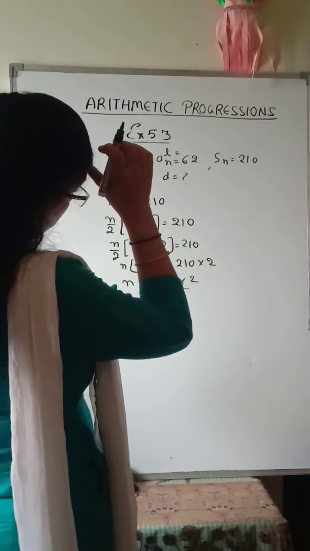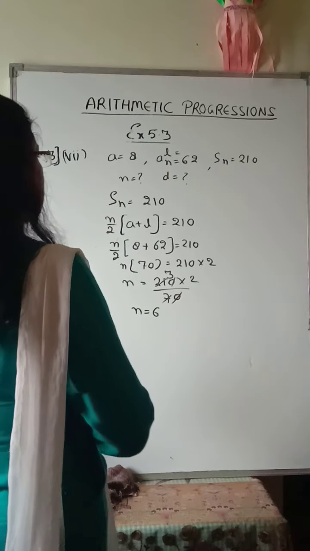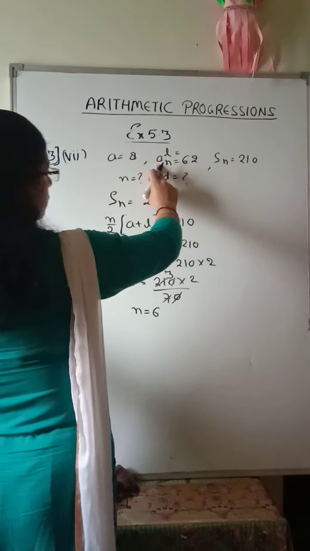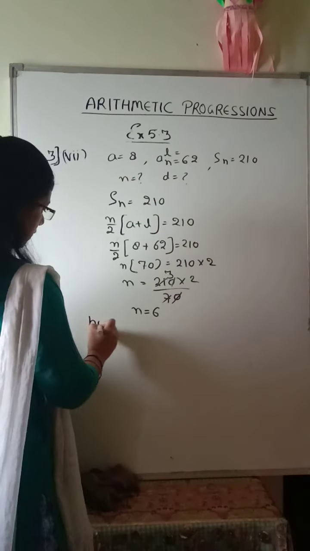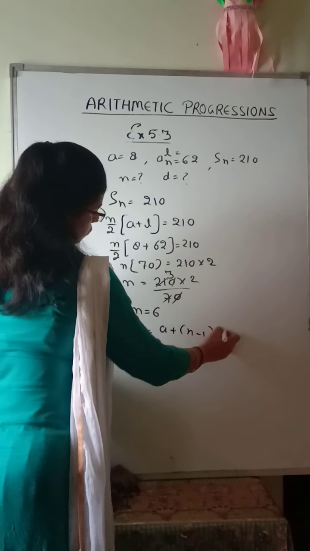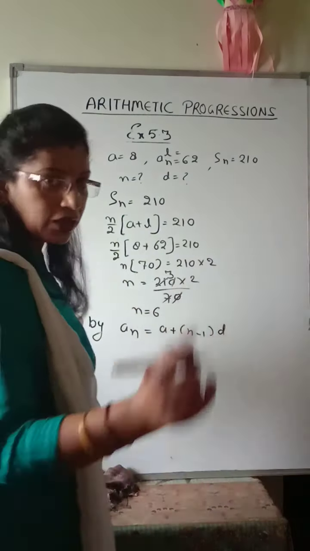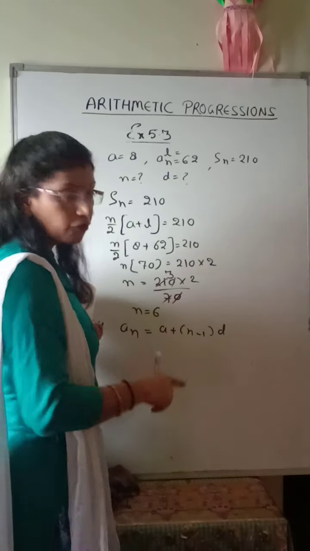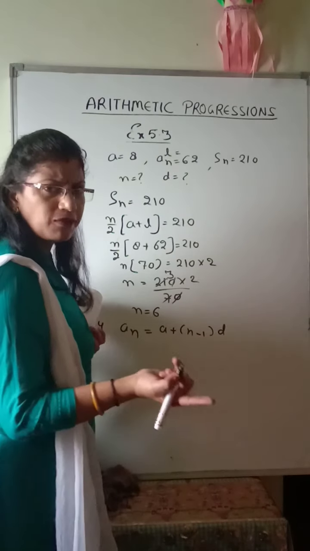So now what we want? The value of d. Can we write this formula, a nth term equals a plus n minus 1 into d? We can use this formula now because we want d, and d comes in this. This formula we have used one time, now we have only one formula left, this one. There are only two formulas in AP.